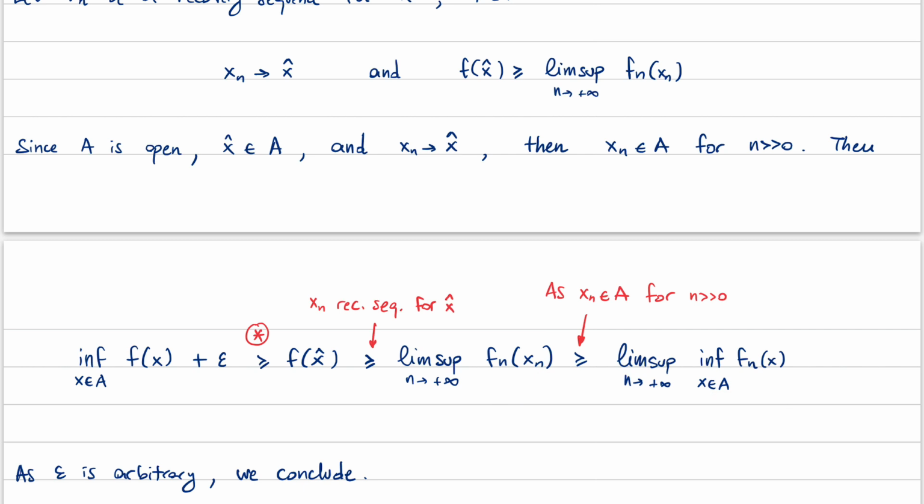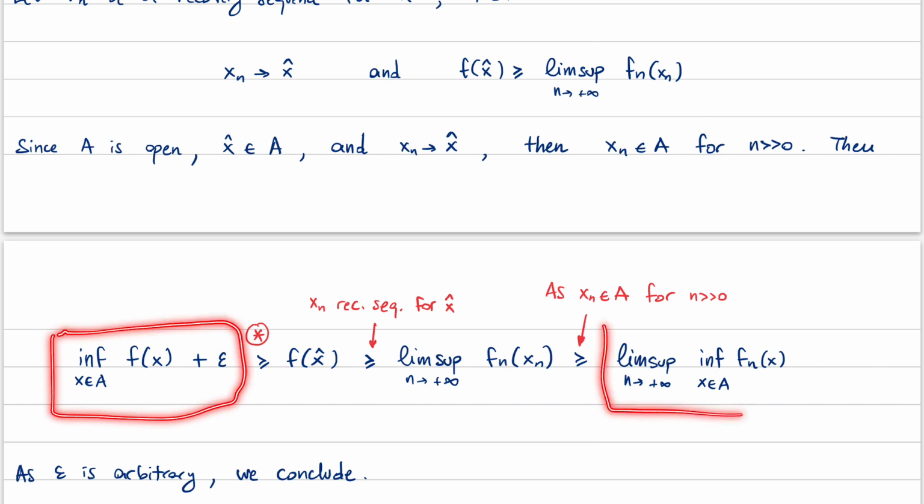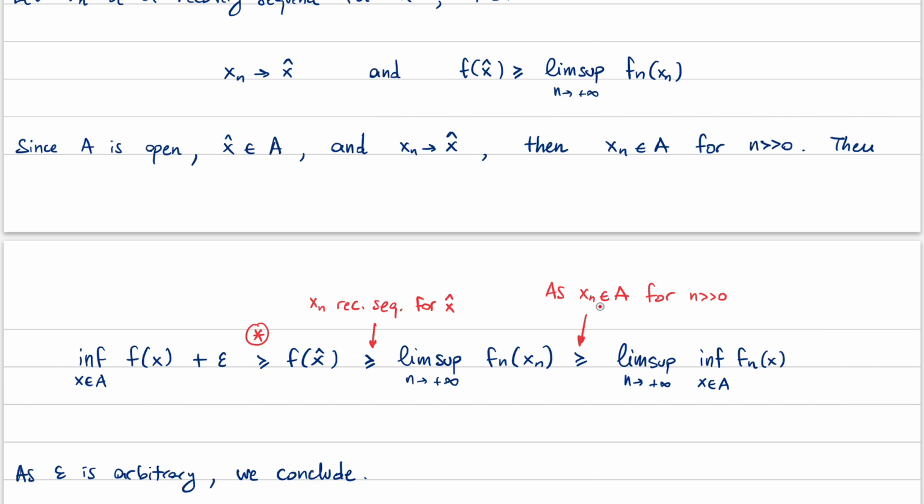So I can take the lim sup on the left-hand side and the right-hand side, and in the end find that this quantity is larger or equal than this quantity here. And since epsilon is arbitrary, we conclude that the lim sup of the infimums is less or equal than the infimum of the gamma limit, as claimed.